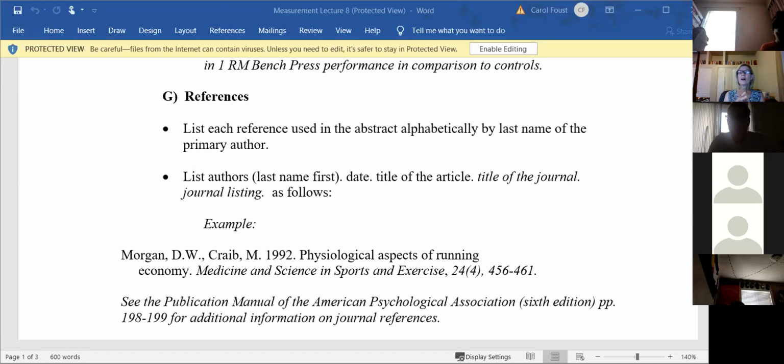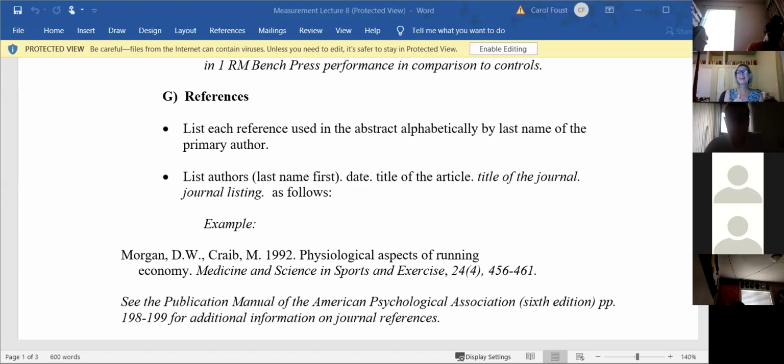Right. So I do want you guys to use APA formatting. In APA formatting, you would put, in the parentheses, the author's last name, comma, the year. And then in the references, you list them in alphabetical order. It's so easy with the computer to have the article and say you want it in APA format.